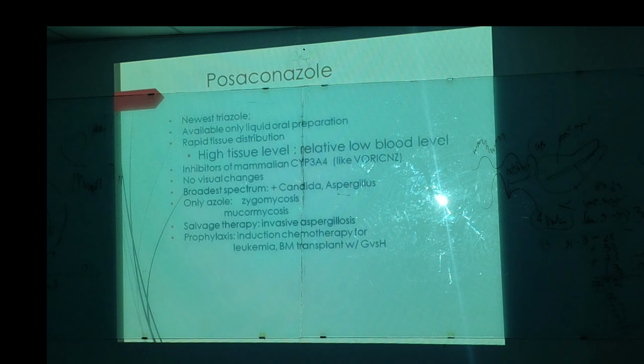The visual changes are for voriconazole. It has the broadest spectrum of action, including Candida and Aspergillus, and it is the only azole which is effective for zygomycosis and mucormycosis. It is also used as salvage therapy for invasive aspergillosis.